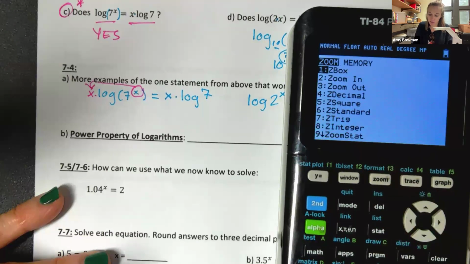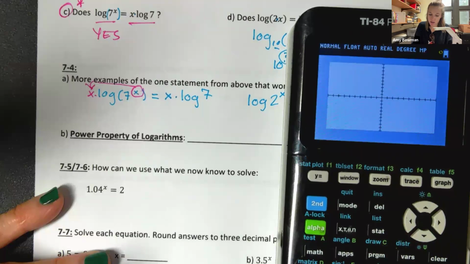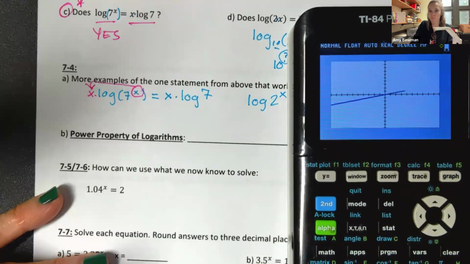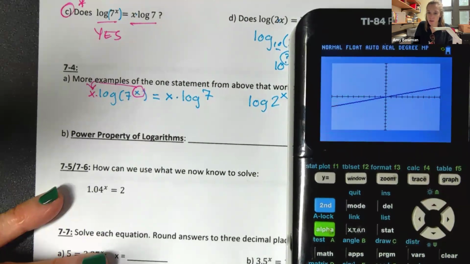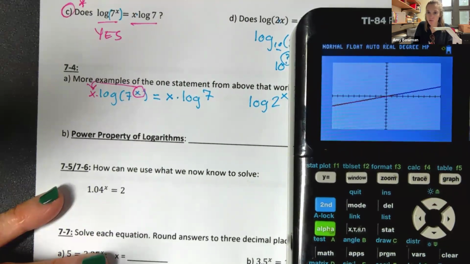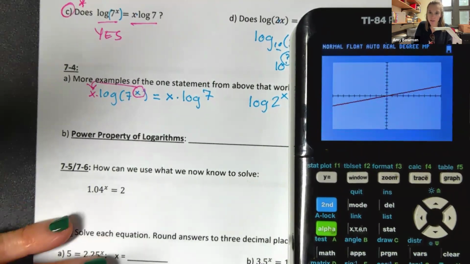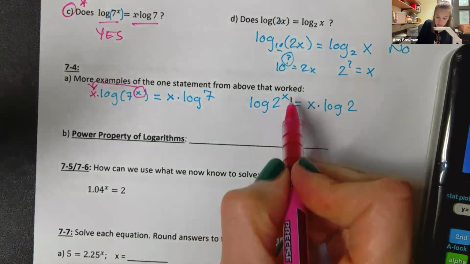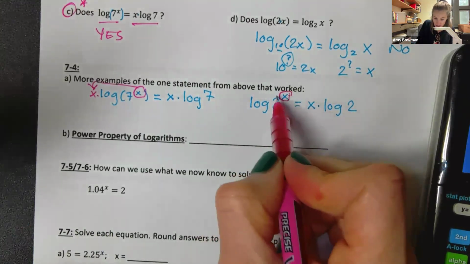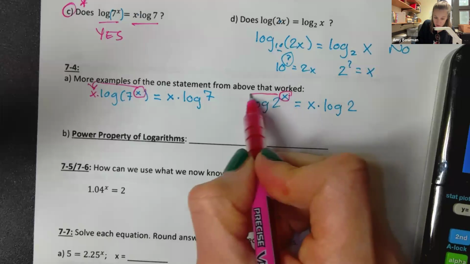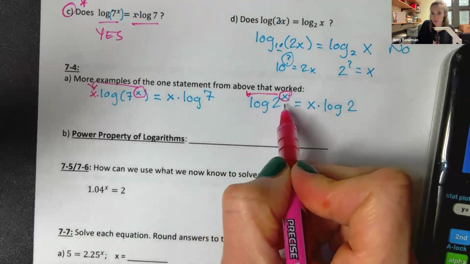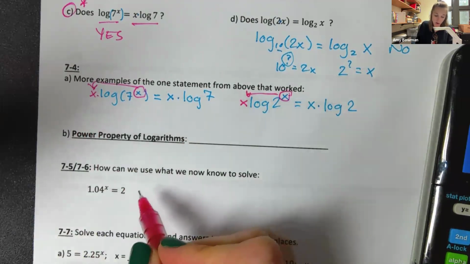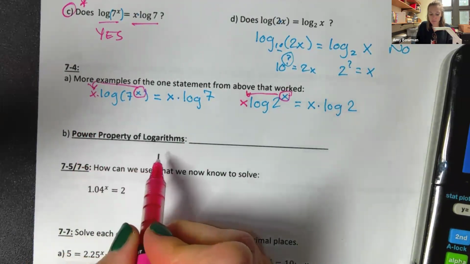And then I'll go to my standard viewing window again. Here's the first one, log of 2 raised to the x. And then we should see the second one, x times log of 2, fill in right on top of that, the same exact graph. So we see this consistency and same line, same function when we take an exponent inside of a logarithm and bring it down front. This is called the power property of logarithms.